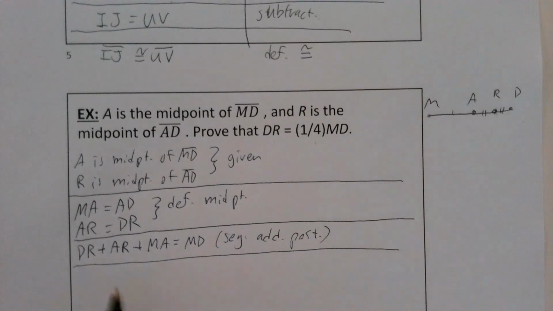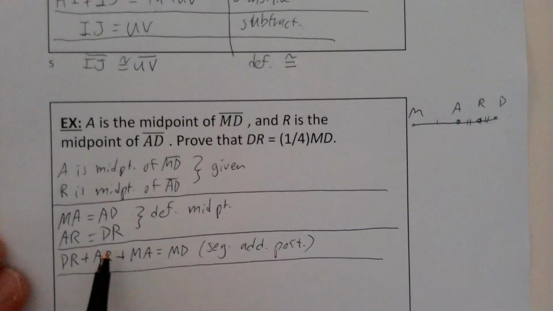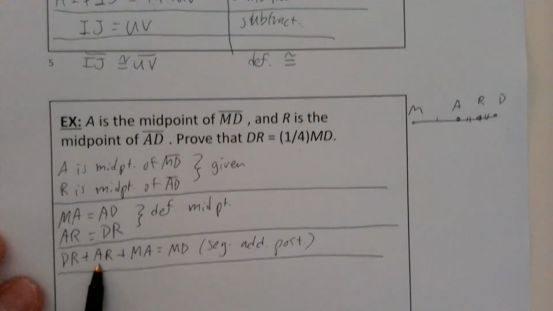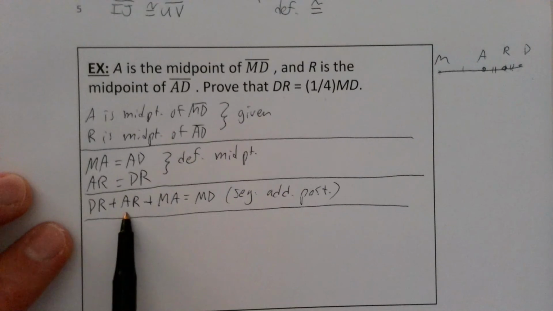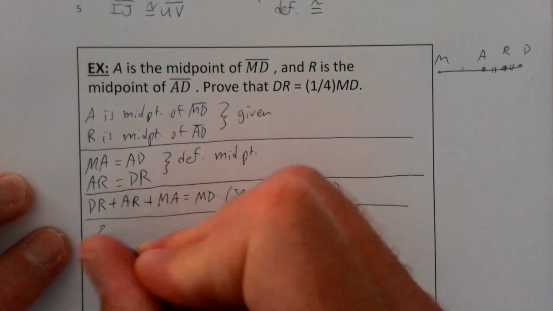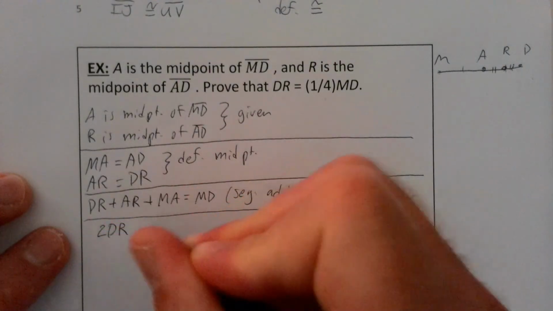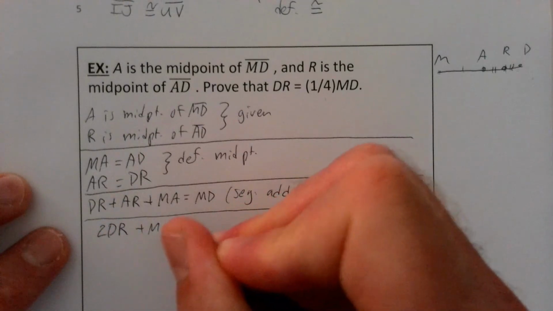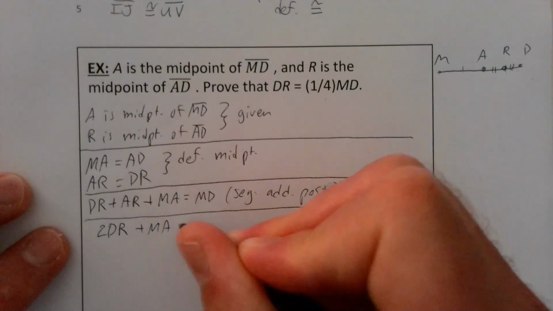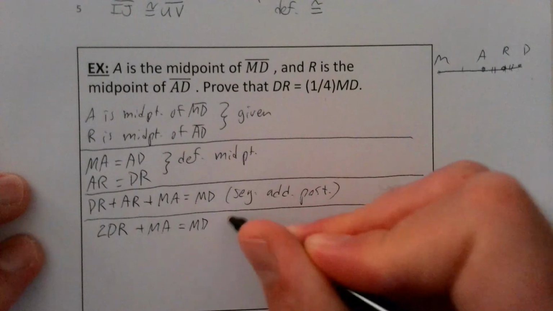Alright, now I can swap in some things if I want to, but I might need to do a little bit of preliminary work here. So AR and DR are the same. Okay, so I can replace this with 2DR plus MA equals MD. It's by substitution.